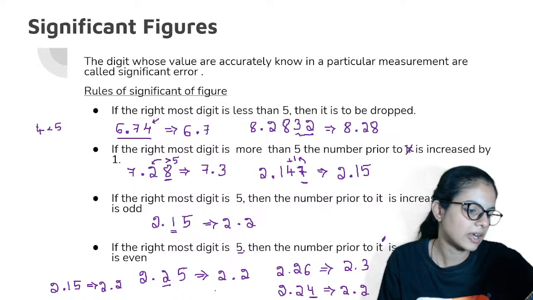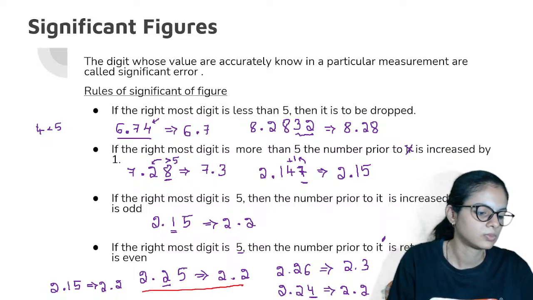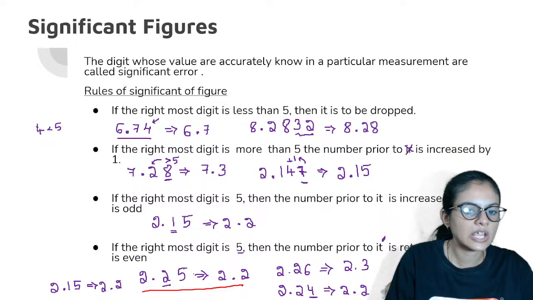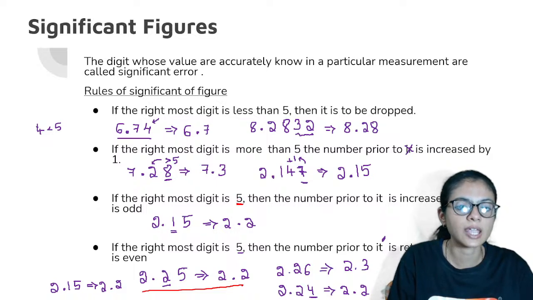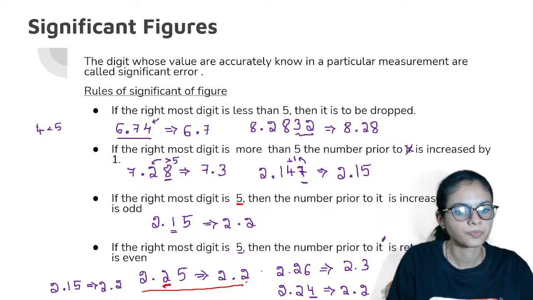Here you can see it, right? For 2.25, it is 2.2. If the rightmost digit is equal to 5, you should use these two rules, and you should see the prior number. The prior number is an even number, so I'm just keeping it as it is, and I'm going to drop 5.